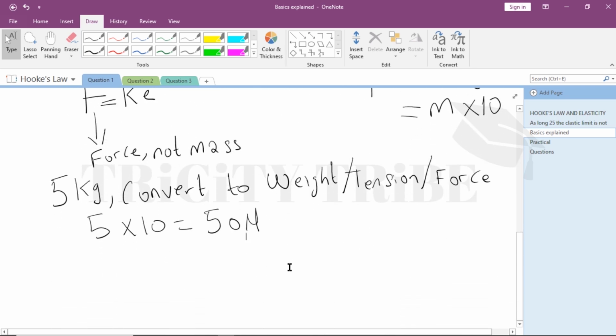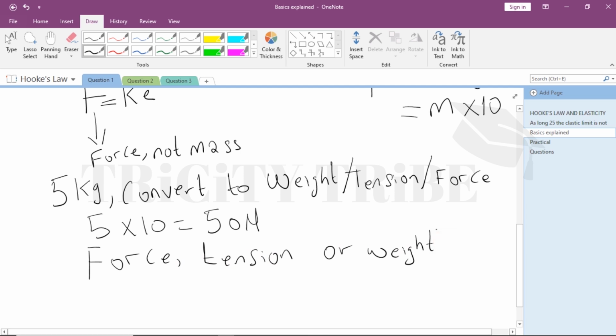Many times you'll be given force, you'll be given tension or weight. Sometimes they could mean the same thing, sometimes they could mean different things. But just know that your weight, your tension, and your force are all measured in Newton.